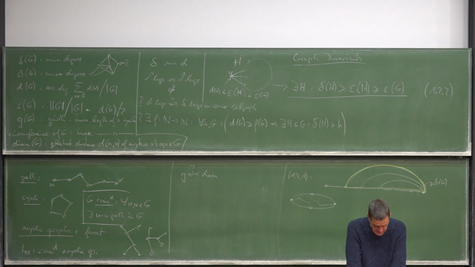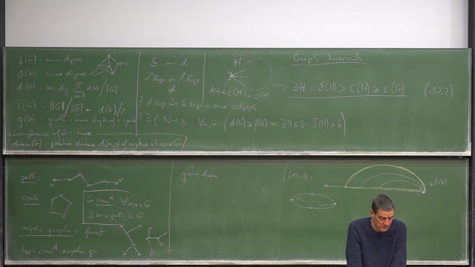So if the girth is small, does the diameter have to be large or small? We saw in the example that we can construct a graph that has a very small minimal cycle and then do whatever we want.